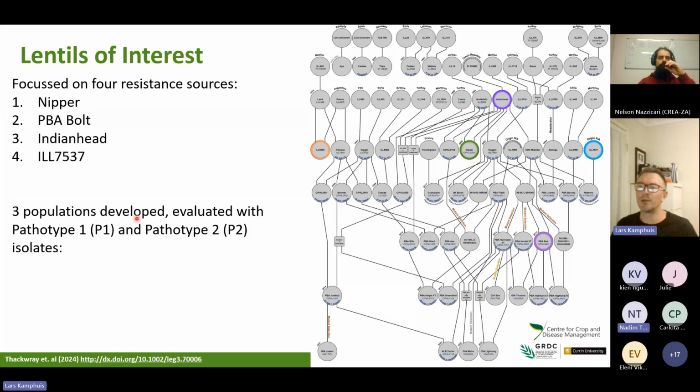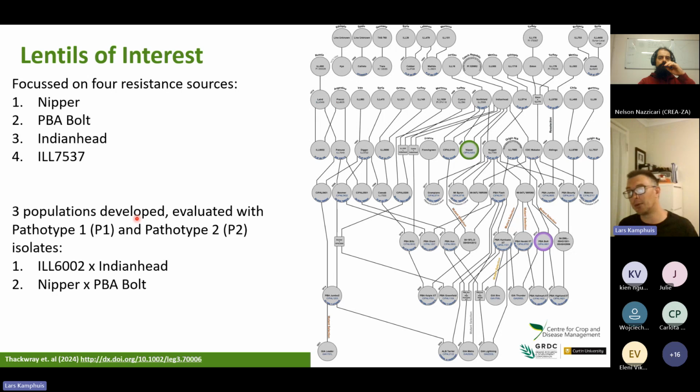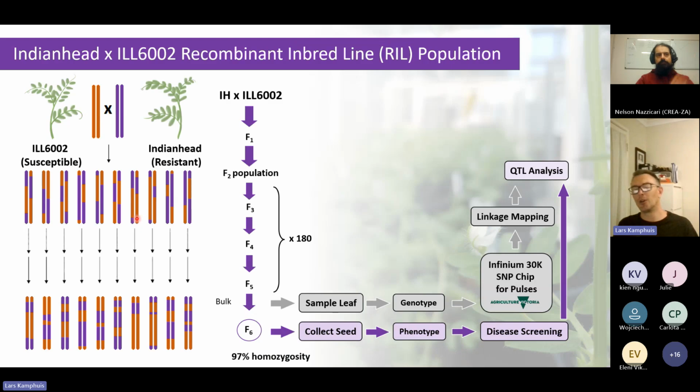And so we employed 3 populations to try and evaluate these populations with both pathotypes: the 6002 by Indian head, the Nipah by Hurricane population, and 6002 by ILL-7537 population. So I'll go through each of these populations and discuss the phenotyping results. So the way we've done this work is we make the crosses, then generated recombinant inbred lines.